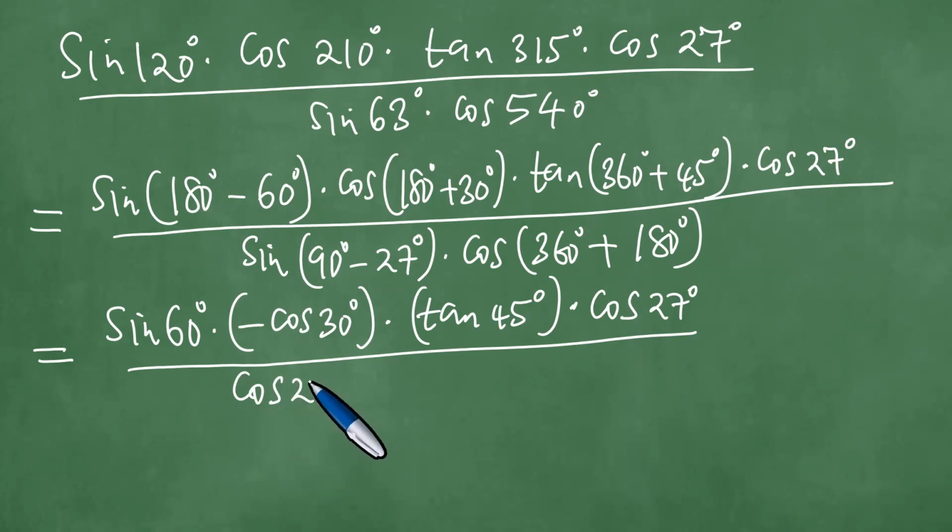Becomes cosine 27 degrees. Okay, this one is 360 plus in the first quadrant where all the functions are positive, and therefore it becomes positive cosine 180 degrees.